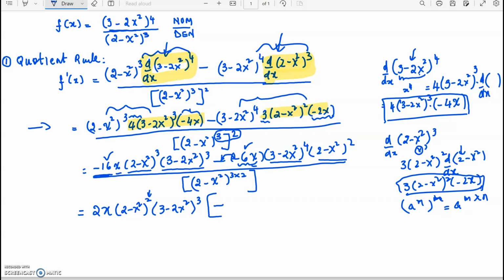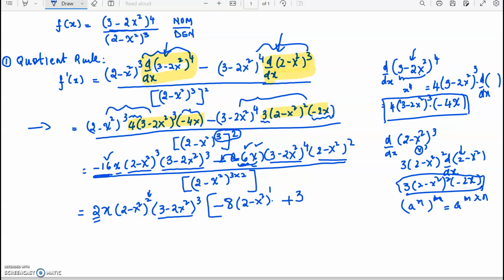So there is a negative leftover. 2 times 8 is 16. So if I factor the 2 out of 16, I get an 8. I factor the 2 minus x squared the whole squared, I'm left with 2 minus x squared to the 1. And 3 minus 2x squared the whole cubed is factored out, so that's gone. Now this becomes a plus. Remember, the negative and the negative make a positive. Out of the 6, 2 is factored out. I'm left with a 3.